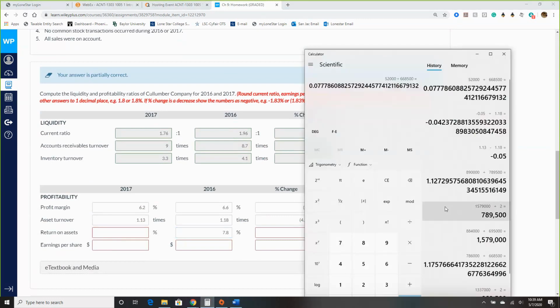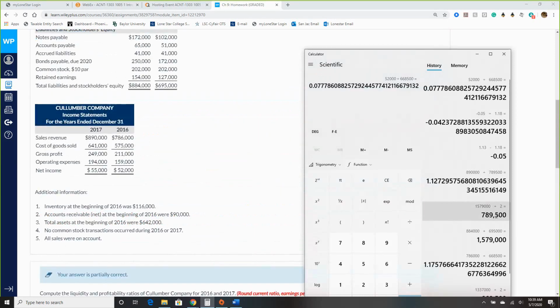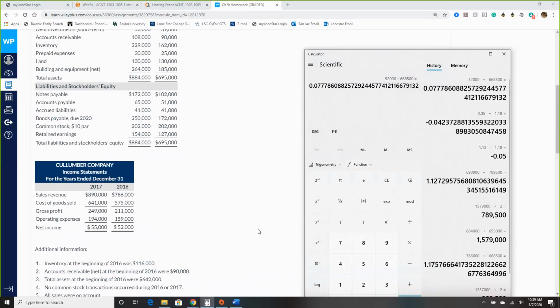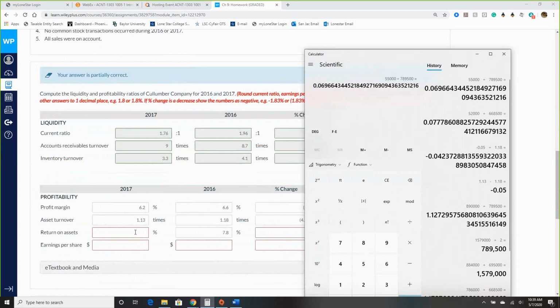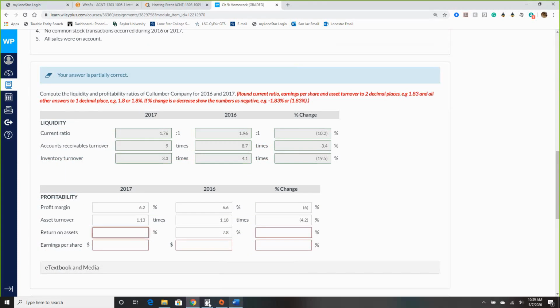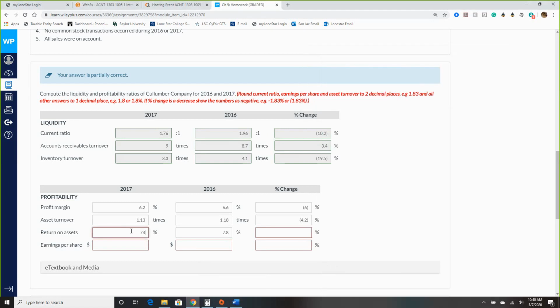Okay. Next is 2017. Again, we have this number already. We already have average total assets. So 55,000 divided by 78,500 is, looks like 7% with our rounding.